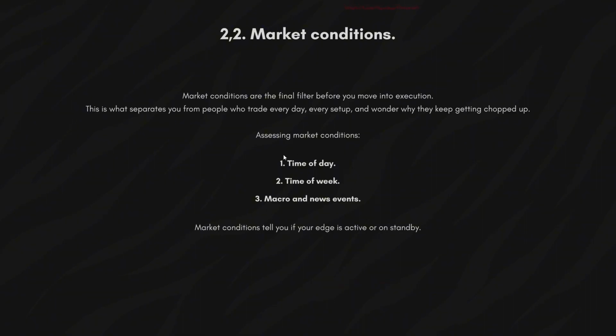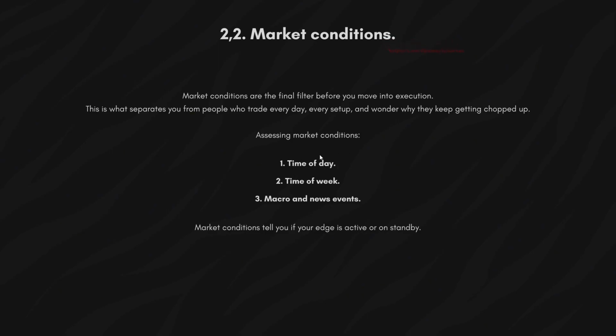And when I say market conditions, I am referring to three key things. First of all, the time of the day. This means checking whether we are trading within a key time or within a kill zone. Are we in a high probability time window for a range expansion? This is basically figuring all of those things out.